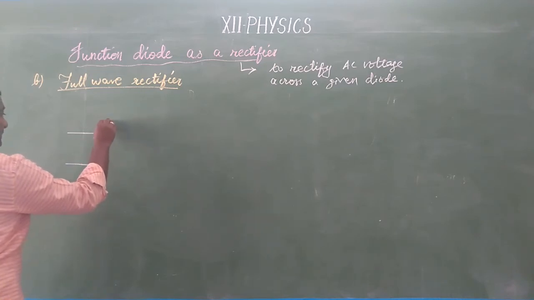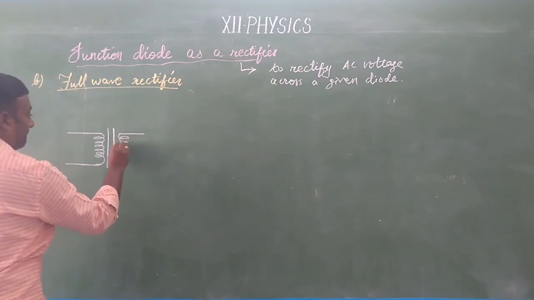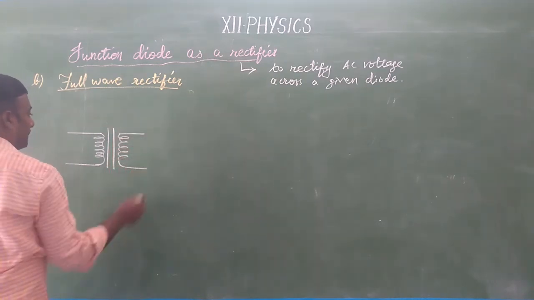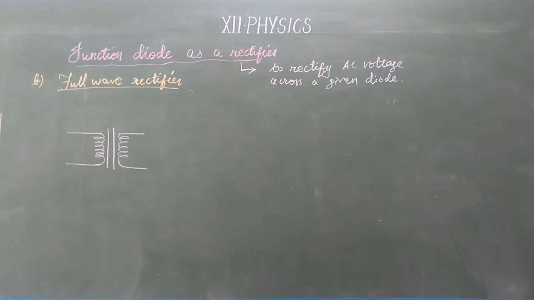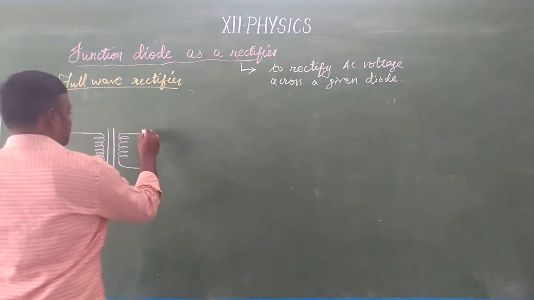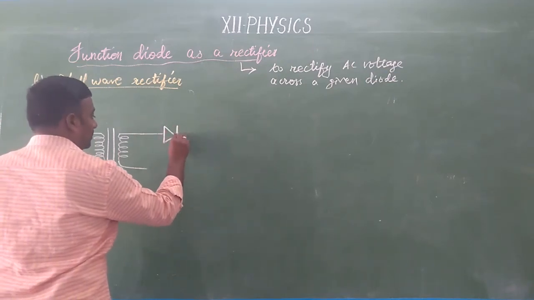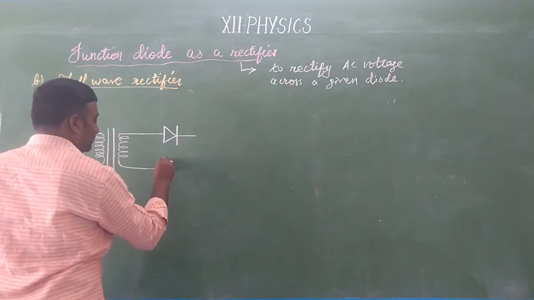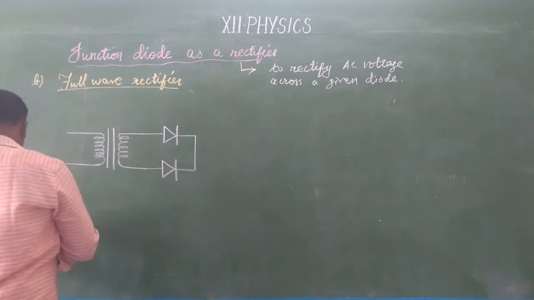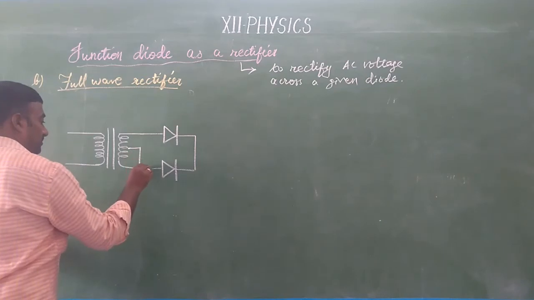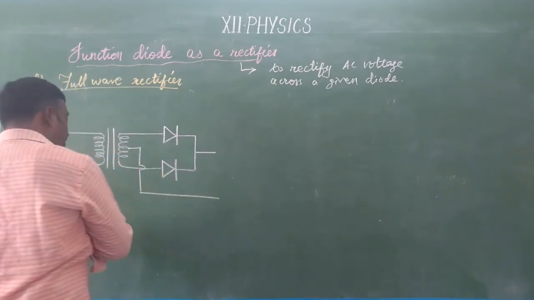This is a transformer. So from the transformer, we have two diodes, diode D1 and another diode D2, and a center tap transformer is used. With that, the output load is drawn.